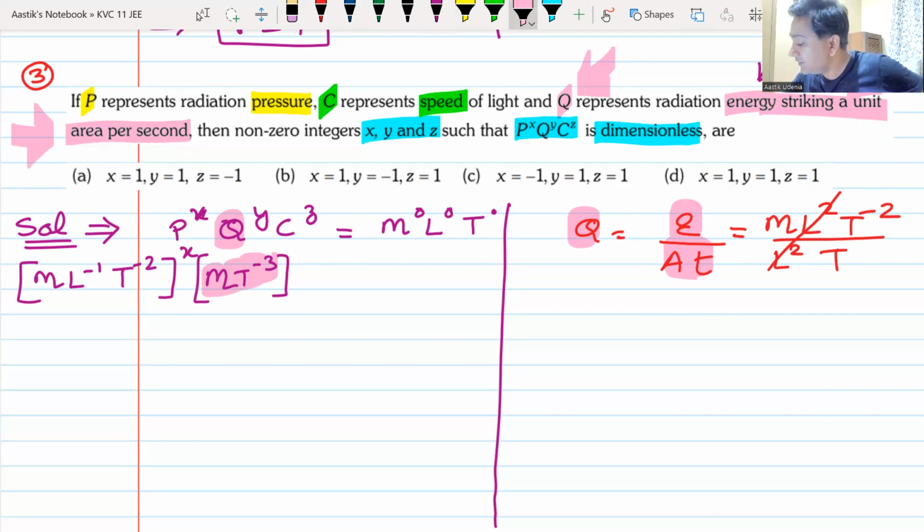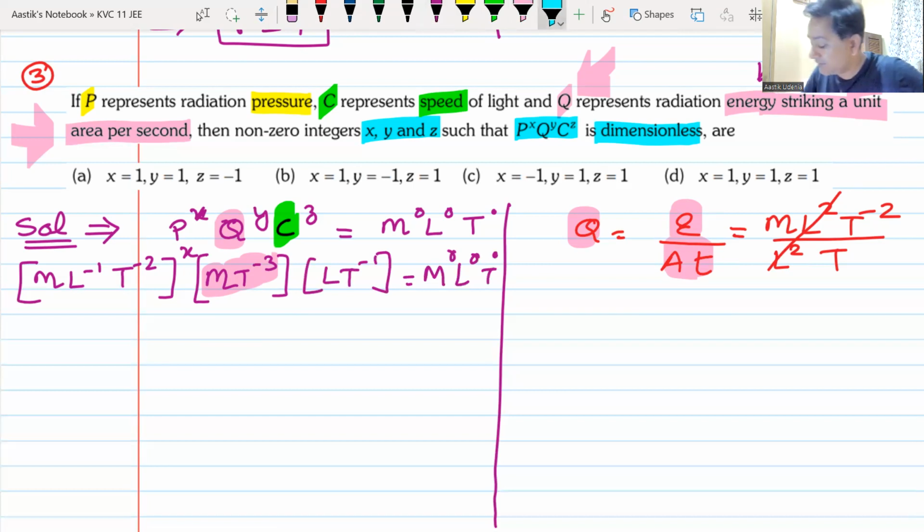Okay. C is straight away speed of light. Its dimension, no problem, it is L T minus 1. This should be equal to M to the power 0, L to the power 0 and T to the power 0. Now what I'll do is the same thing.